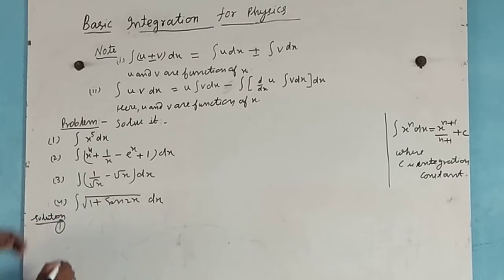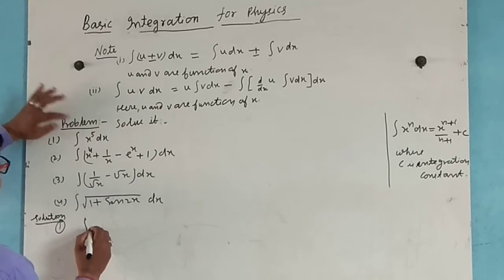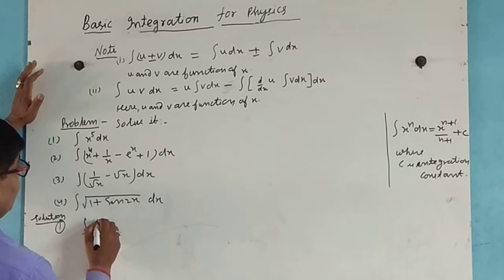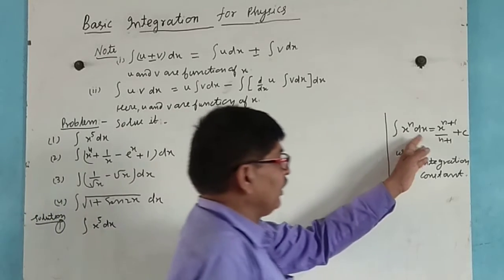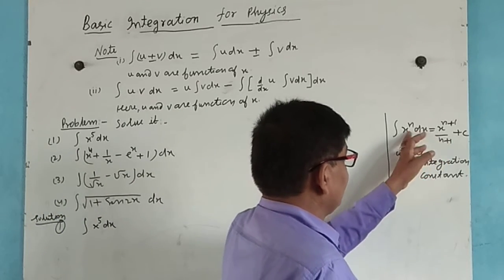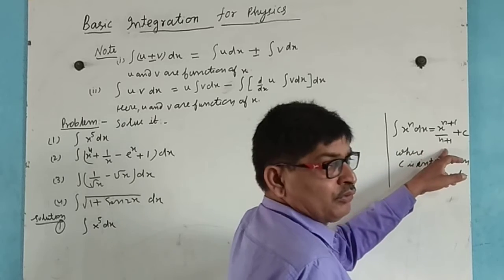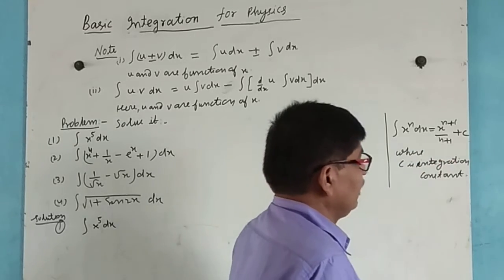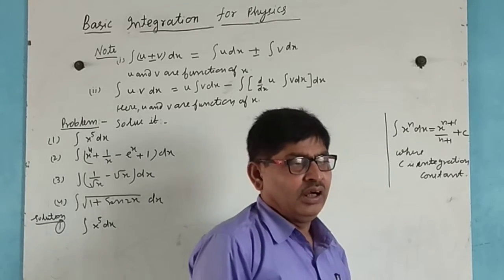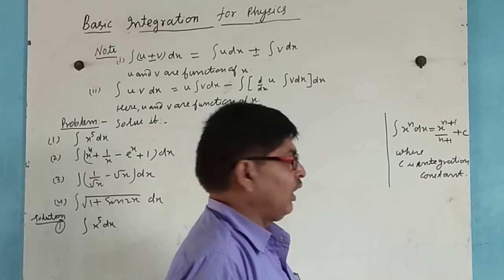Solution. First question, integration of x to the power 5 dx. As we know, integration of x to the power n dx is equal to x to the power n plus 1 divided by n plus 1, plus c. Here c is the integration constant. Generally we add c to our answer.